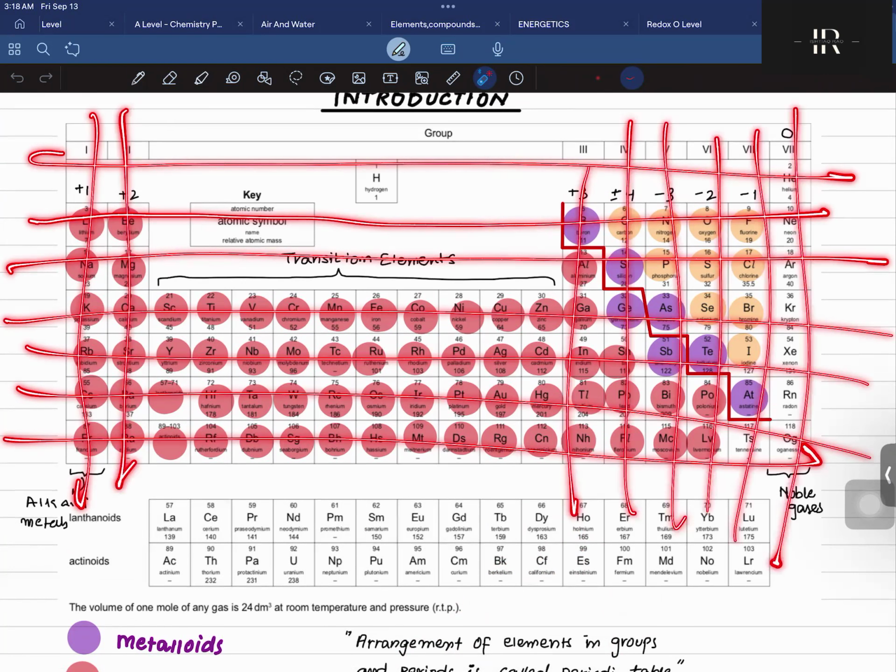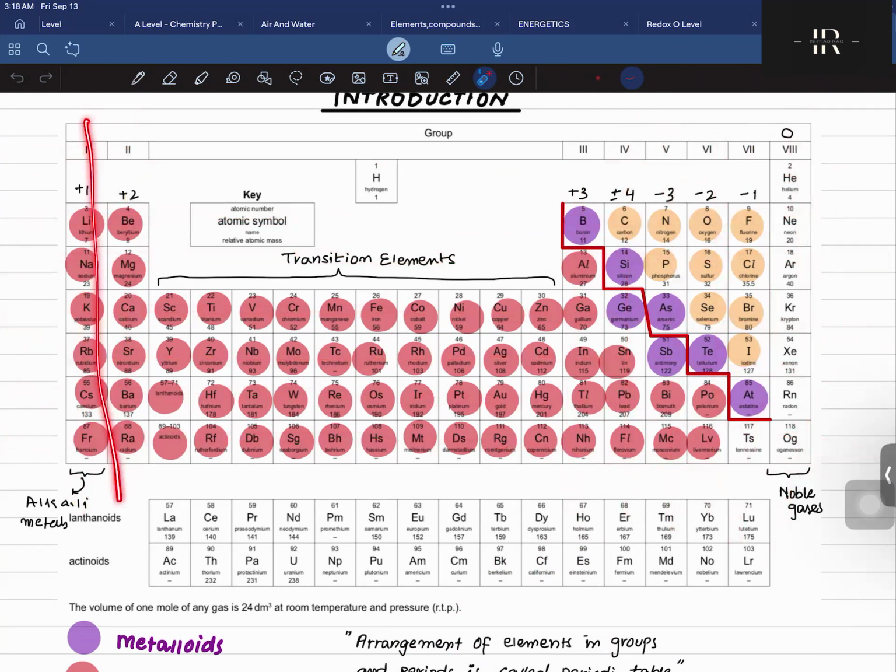The column is called a group, and this is called a period, like a row. So it's a tabular arrangement basically. The periodic table is a tabular arrangement of elements in groups and periods, in rows and columns.